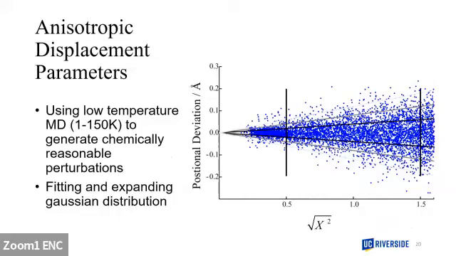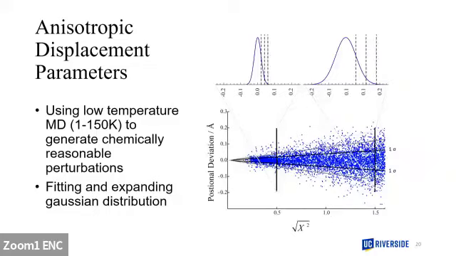In the scatter plot, we have about 10,000 structures which have their positional deviation in the principal axis system of atom displacement, plotted against the square root of the reduced chi-squared of the chemical shifts for the perturbed structures. What we get is a series of expanding Gaussians of the atom displacements at a chi-squared value.